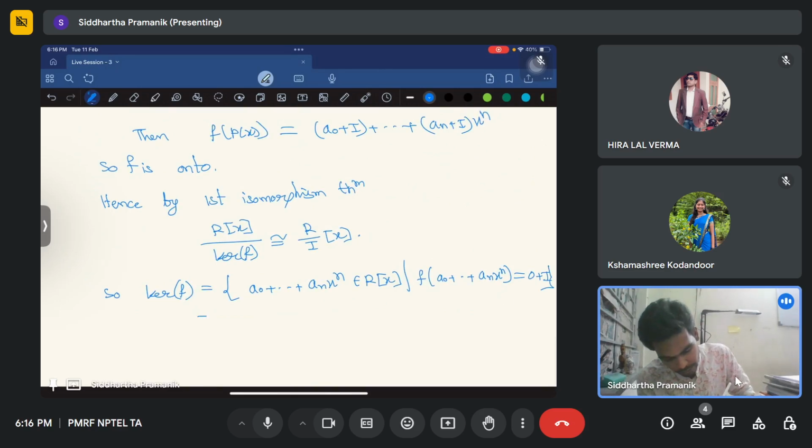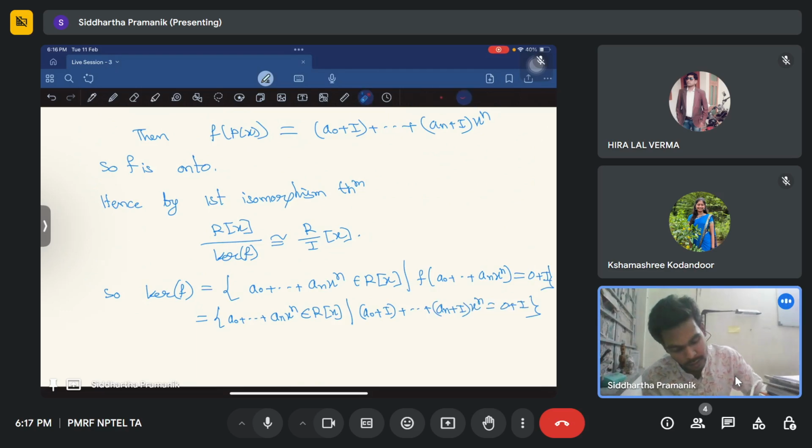So it should be 0 plus I. So we can write this one as all a0 plus ... plus an x^n belonging to R[x], such that (a0 plus I) plus ... plus (an plus I) x^n equals 0 plus I. Now just compare the coefficients of x^i from both sides.